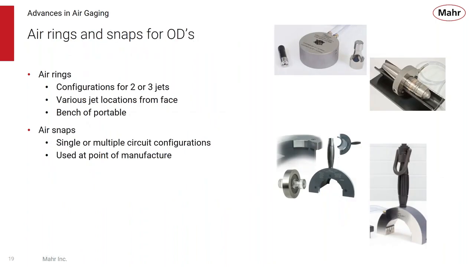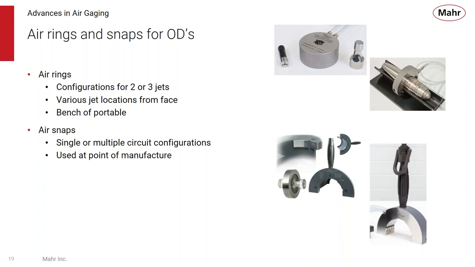You can also do, like I said, air rings or air snaps for measuring ODs. Again, air rings can come in 2 or 3-jet applications. You can put the jets at various locations from the face, again, if you need to hit a specific part or a specific land on the part. And you can make air rings become a bench, or they can be handheld in a portable device. Air snaps, of course, are used at the point of manufacture.